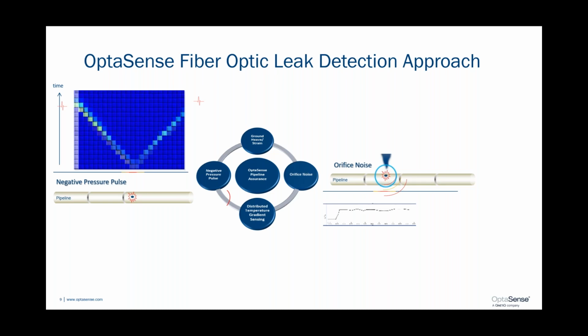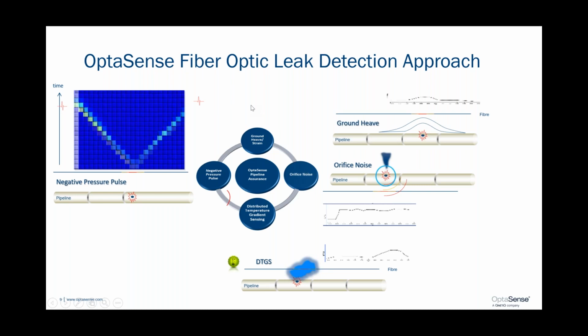The noise of the product escaping from the pipeline is very characteristic and creates a broadband noise that we can pick up. We can pick up the temperature changes caused by either a heated product encountering the cable itself, or potentially from a gas product leaking and causing Joule-Thomson expansion and local cooling of the ground in the vicinity of the fiber.